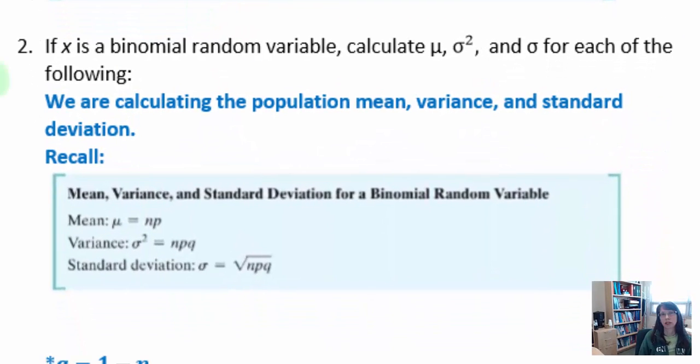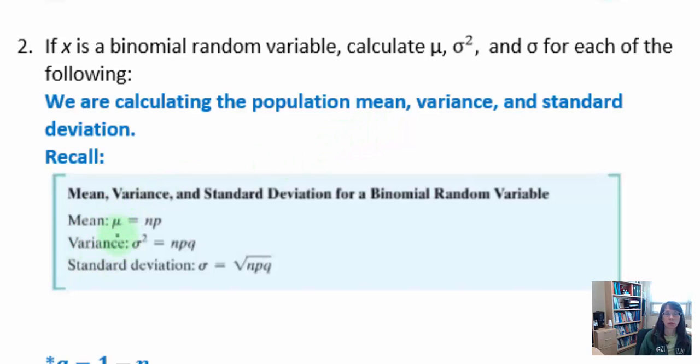p times q. The first example we'll work today is telling us that if x is a binomial random variable, calculate mu, which is the mean, sigma squared, which is the variance, and sigma, which is our standard deviation, for each of the following. So what we're doing is calculating the population mean, variance, and standard deviation.